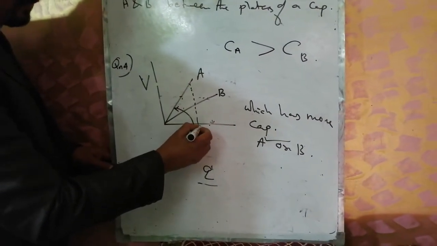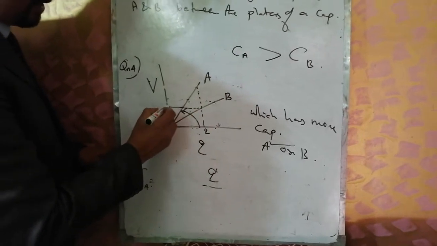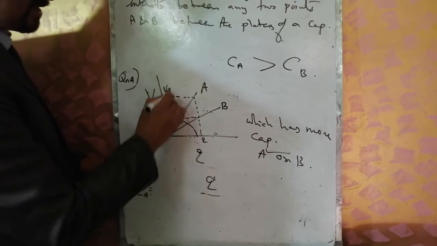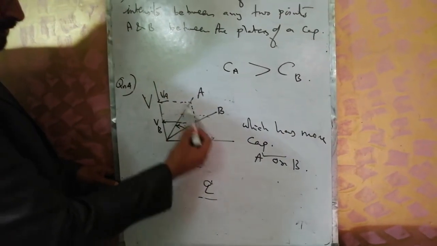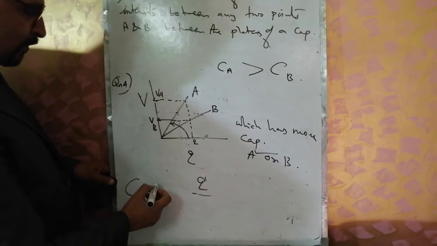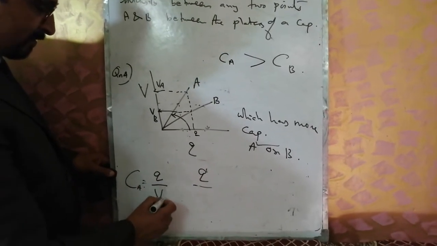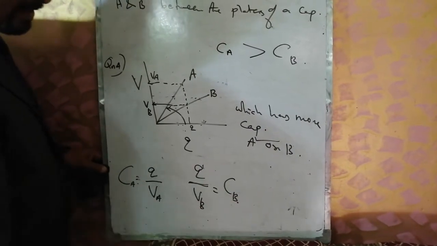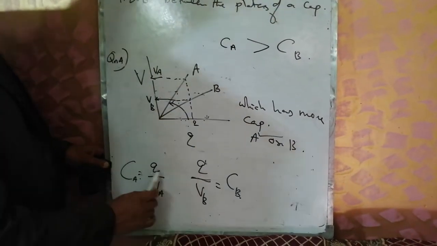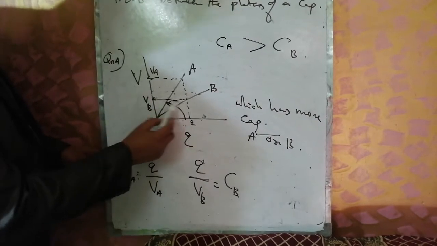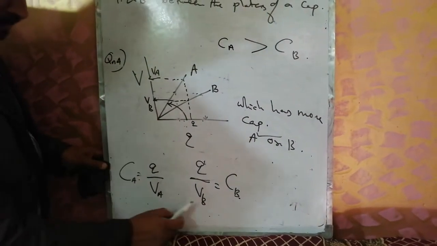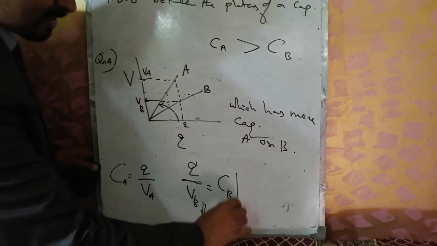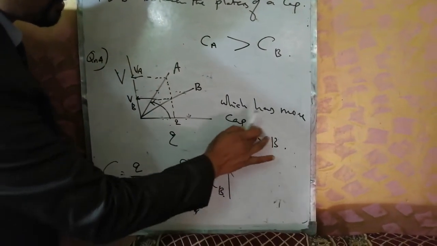See, same Q. V for B is this one, and V for A is this one. Q is same, numerator is same, and very clear from the diagram, VB is less. If VB is less, CB is more. Therefore capacitance of B is more.